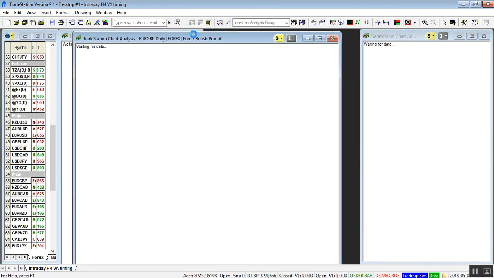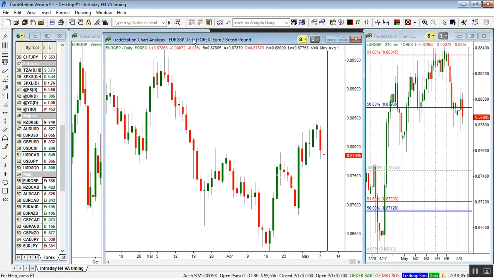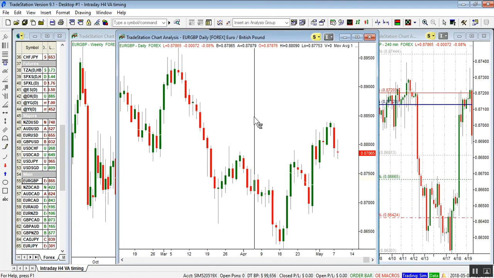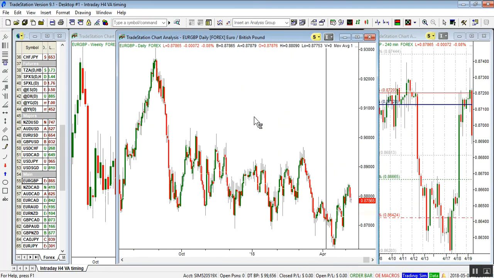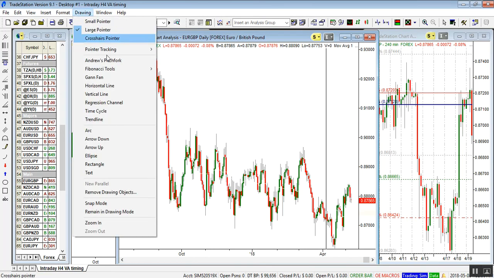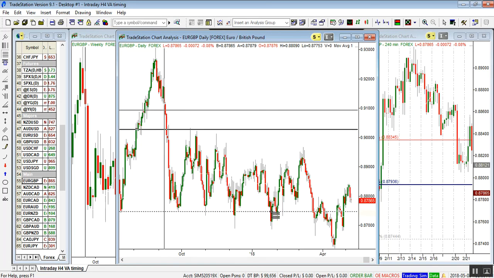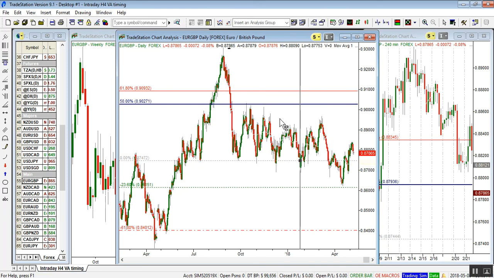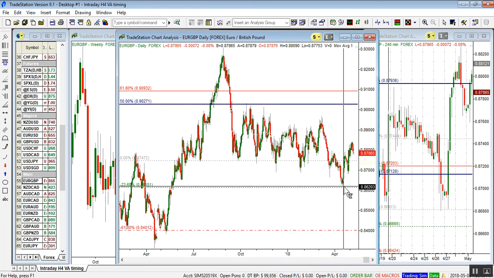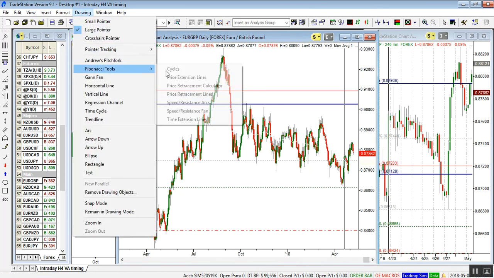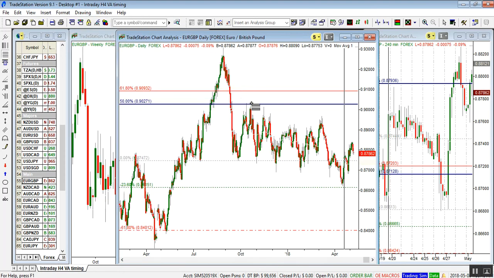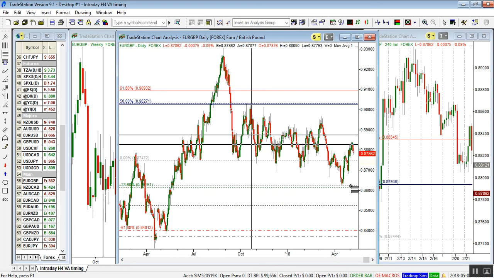So if it holds, that's the level where new longs are going to start from. Euro pound here, we mentioned the sequence of measured moves. There were other analyses showing higher prices. I think a lot of people miss the importance of the sequences of measured moves here, and this market has been trading from 90.27 to the first target, and then the next measured move, it's highs to lows here.